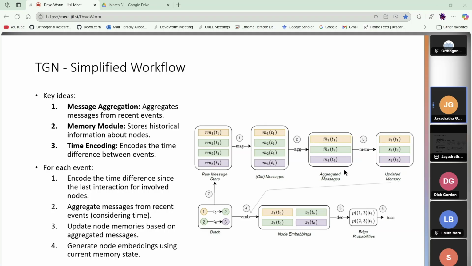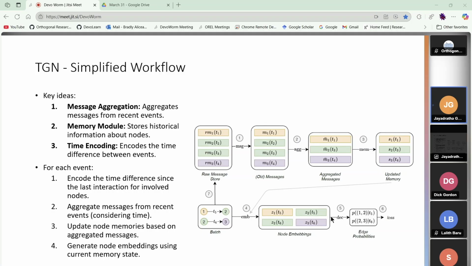We already have a memory module where we store the previous information of these nodes. This is the state: the information that was stored at T1, T2, and T4 at that time. Now we are fetching from memory its states, and if there is any event or transaction happening, based on that we will update the embedding at T5 for Z1 and Z2, that means for node 1 and node 2.